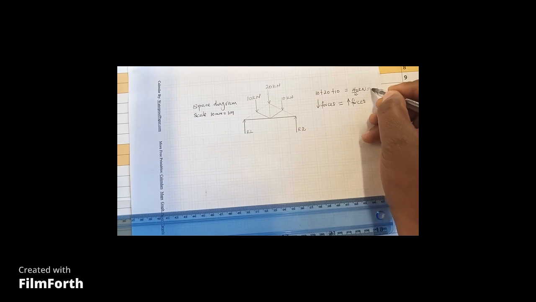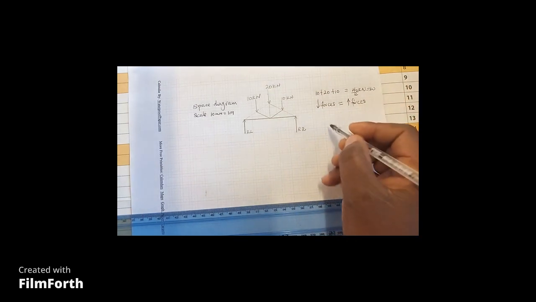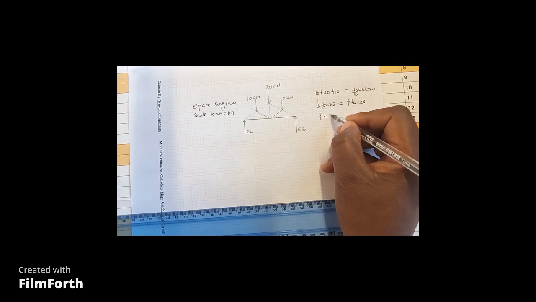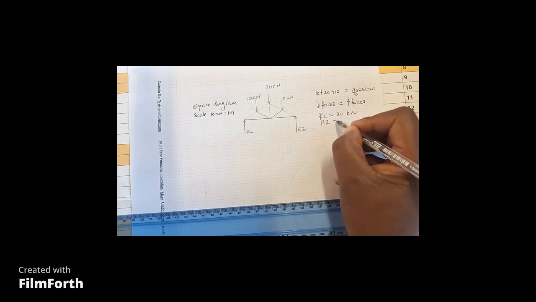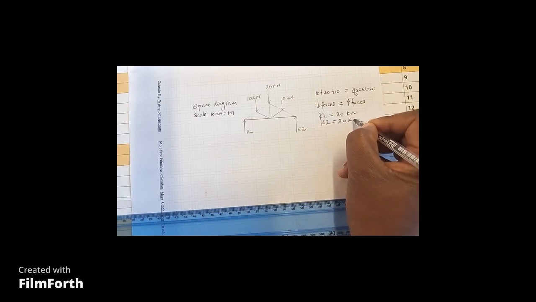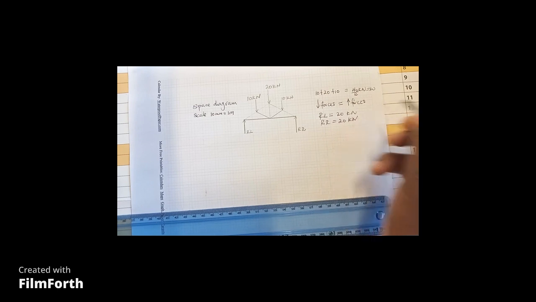This is going to give us 20. It simply means that our reaction left is equal to 20 kilonewtons. Our reaction right is equal to 20 kilonewtons again.